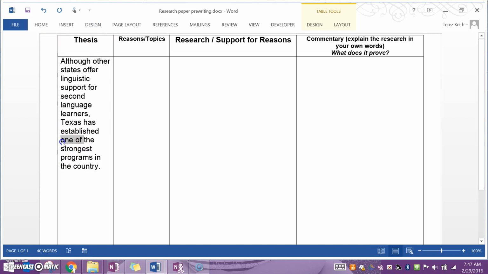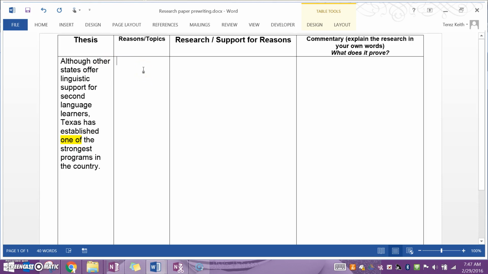I used "one of" because I don't want to give definites in my thesis. I don't want to say Texas has established the strongest program, just one of. You kind of are playing with fire if you use definites.